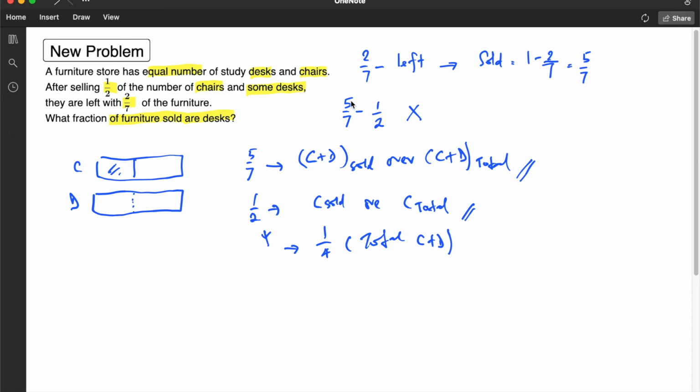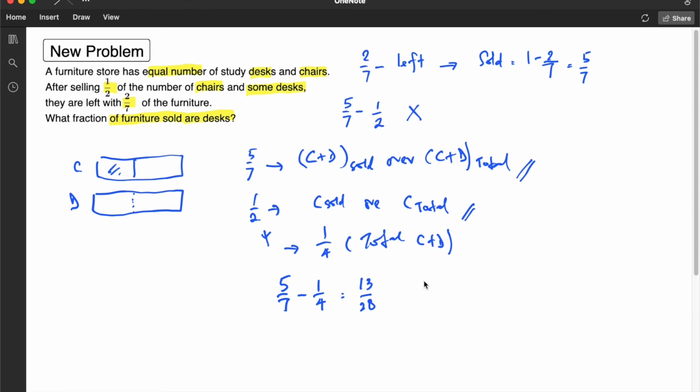So we can now do 5 over 7 minus 1 over 4. This will be correct because both fractions are based on the total number of chairs and desks. If we calculate this, I believe you're going to get 13 out of 28.